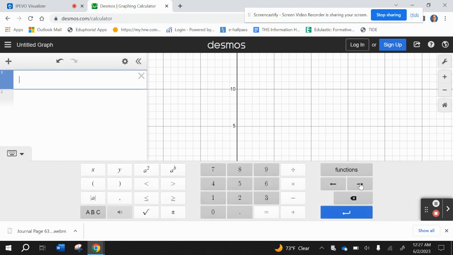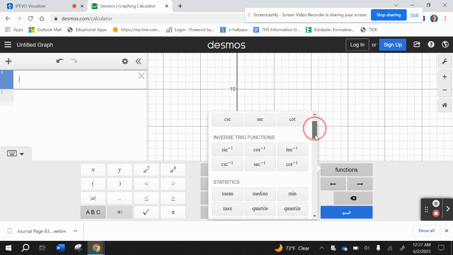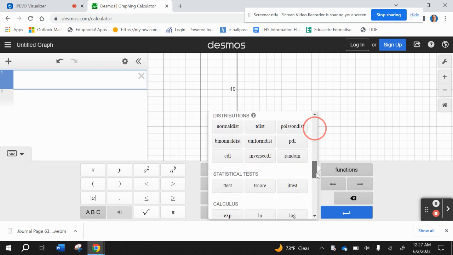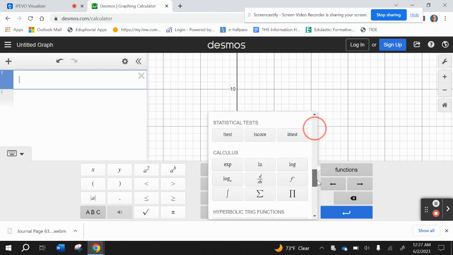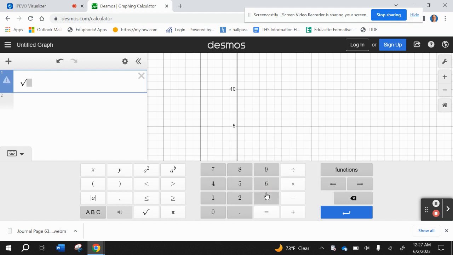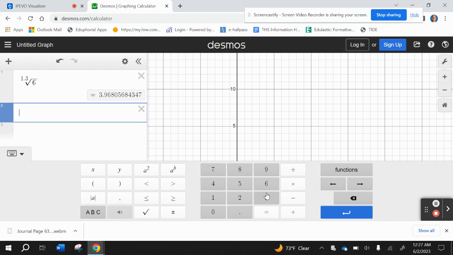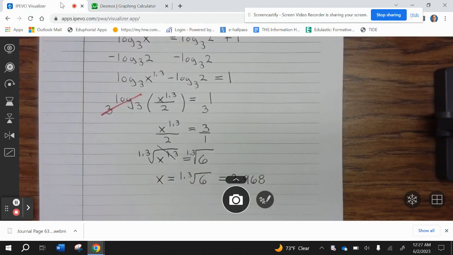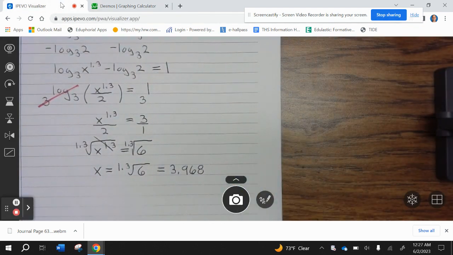I need the roots, so let's scroll down here. There you go. So the 1.3 root of 6 is 3.968. Okay, go ahead and finish up example 4.